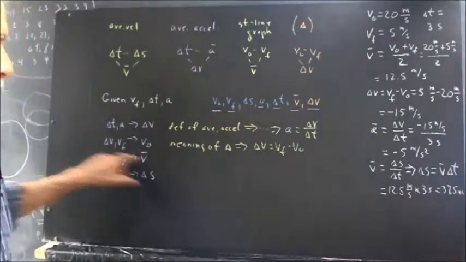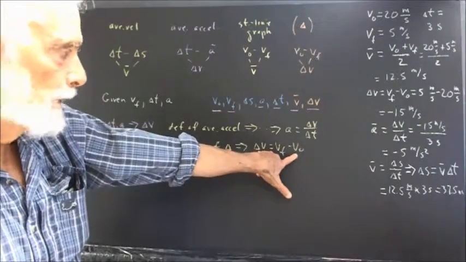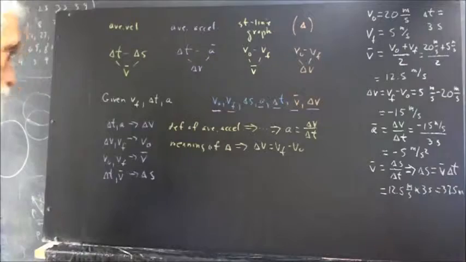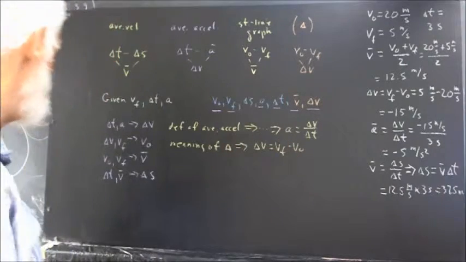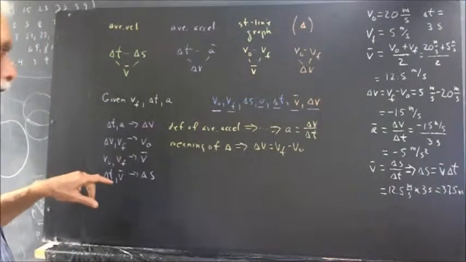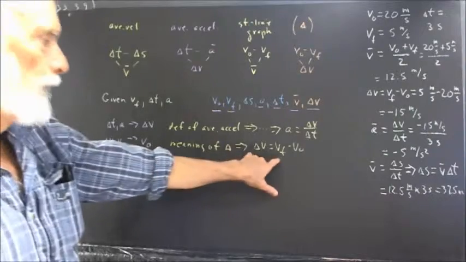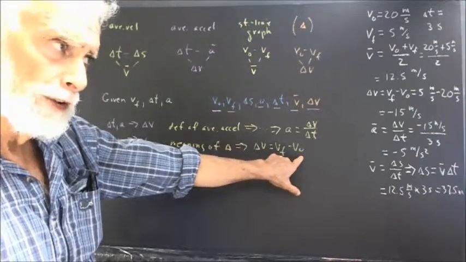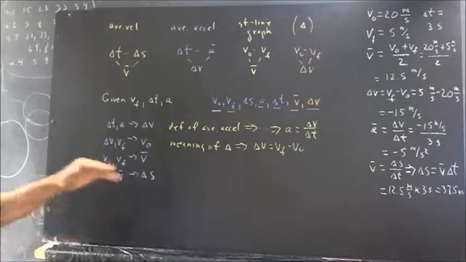If we know delta V and V naught, then we can solve for VF. Very easy solution. Okay? Sorry, if we know delta V and VF, we can solve for V naught. Did I say that? Whether I did or not, that's what we do.